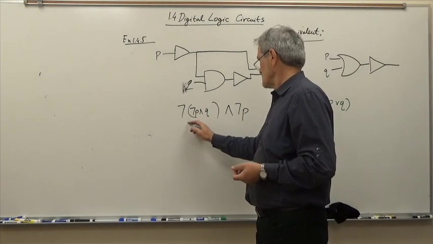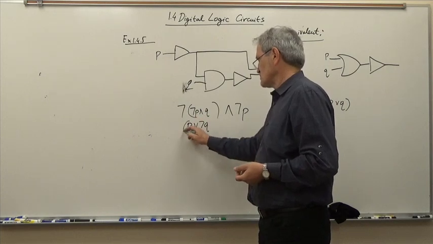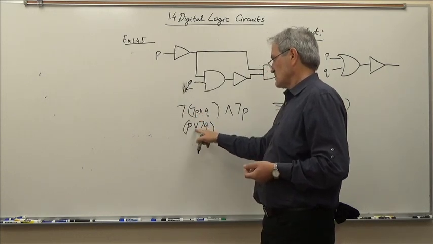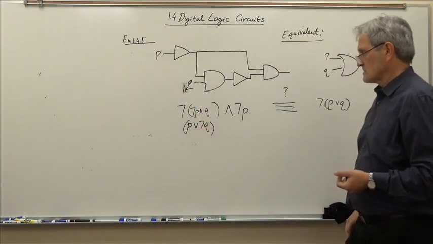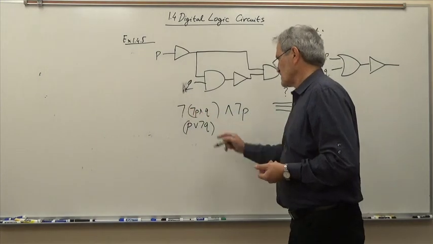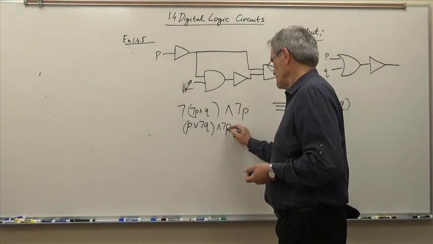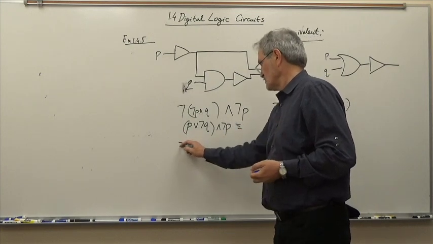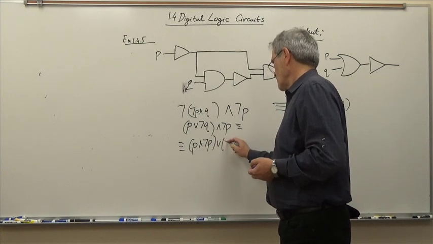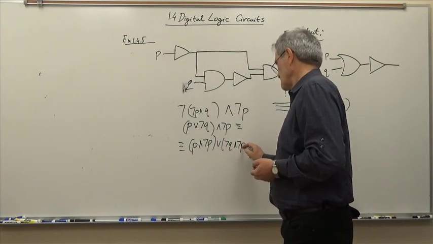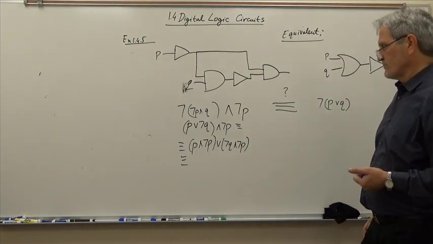I'll go distributive here. So this will be P or not Q. What did I do here? I used De Morgan's law and it became or. Negation got attached to negative, so double negation gave me P, and then negation got attached to Q. So this would be P and not P, or not Q and not P. P and not P is always a contradiction, so it's always false.